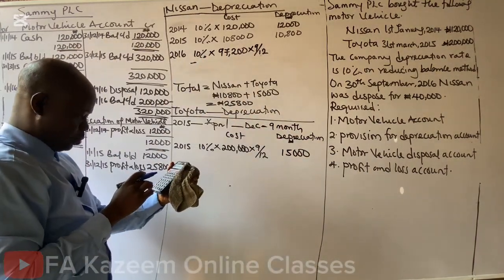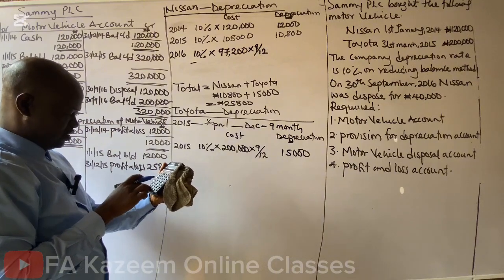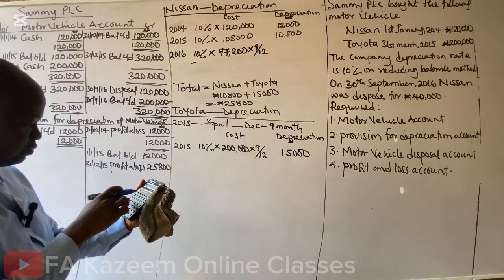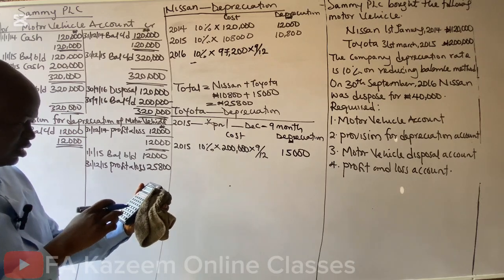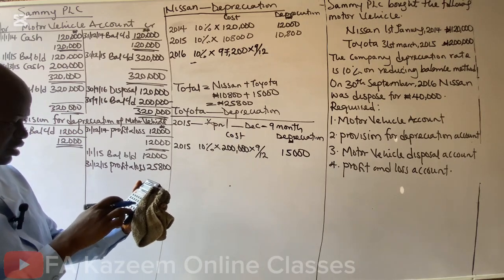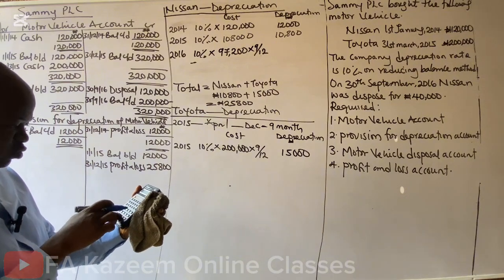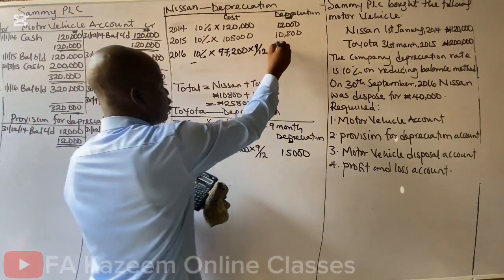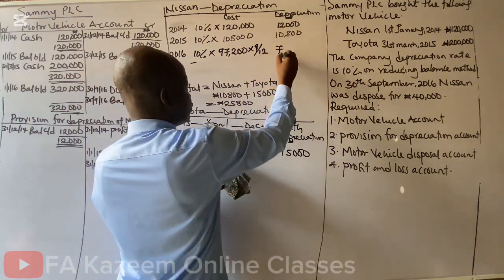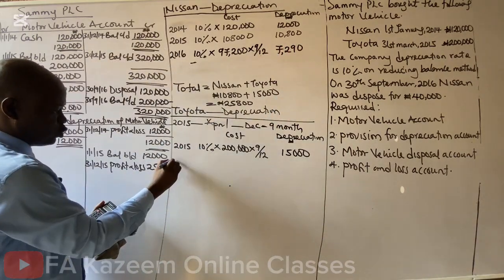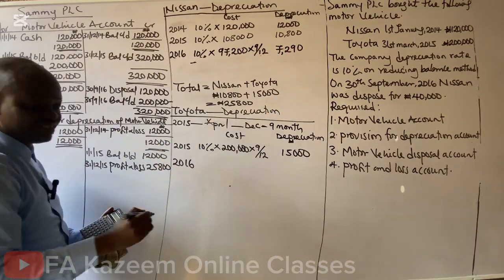We'll now say 0.1, that's 10%, times 97,200 times 9 divided by 12. That is 7,290.